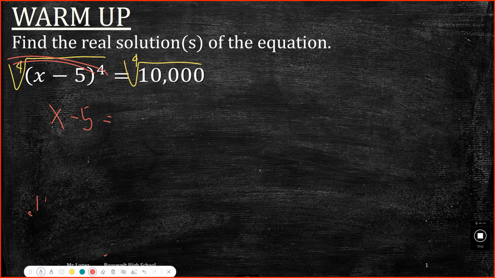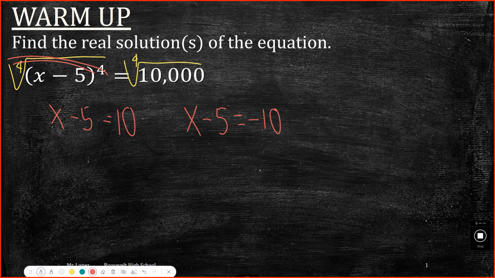So because it's an even root, 4 is even, it will be either 10 or what? Negative 10. So it will have two solutions there.